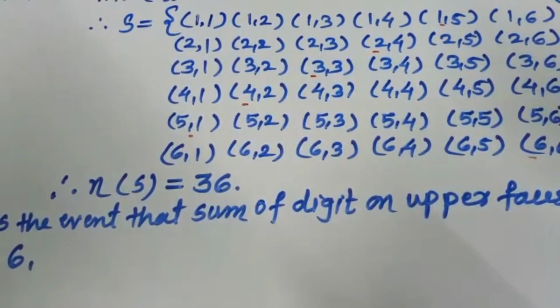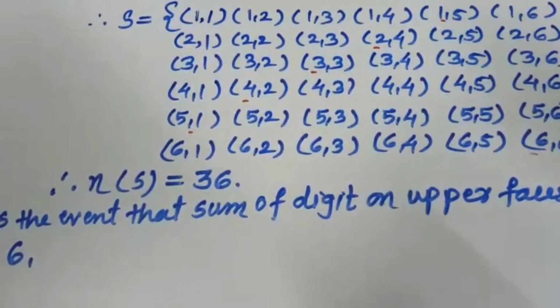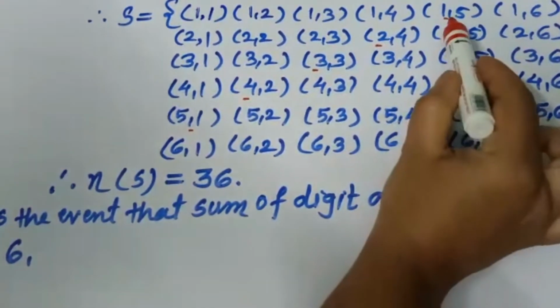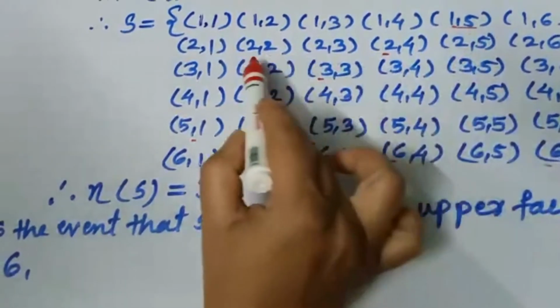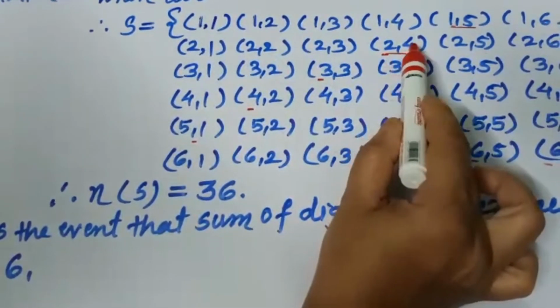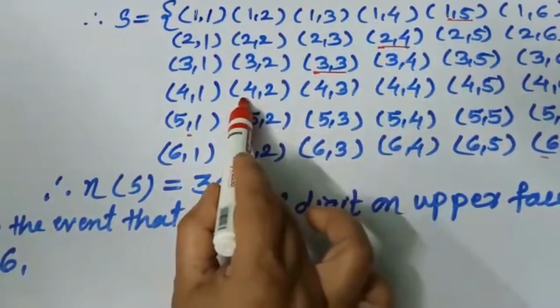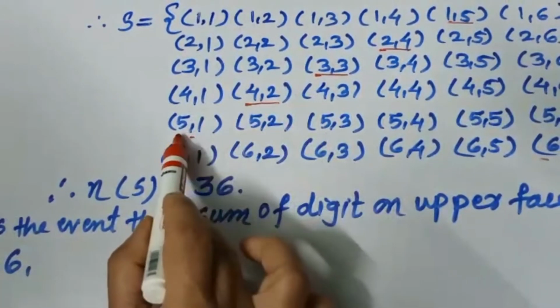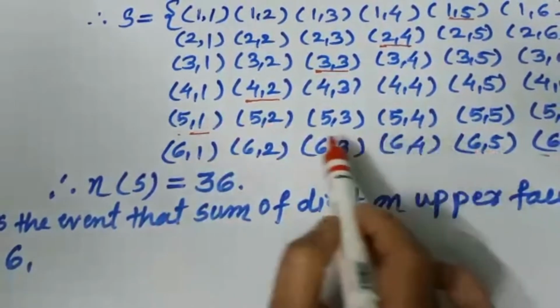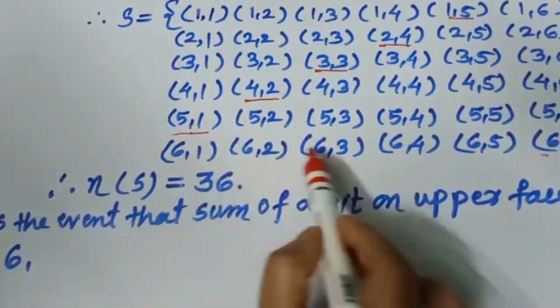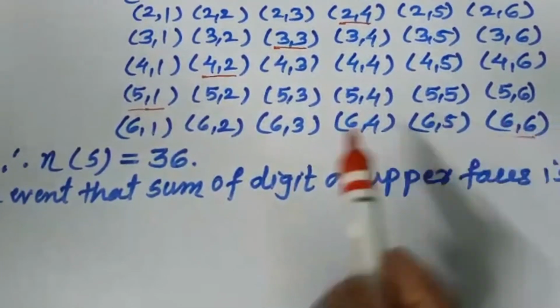See the first line: 1 plus 5 is 6. From the second line, 2 plus 4 is 6. From the third line, 3 plus 3 is 6. Next line, 4 plus 2 is 6, and from the fifth line 5 plus 1 is 6, and the last one is 6 plus 6 is 12.